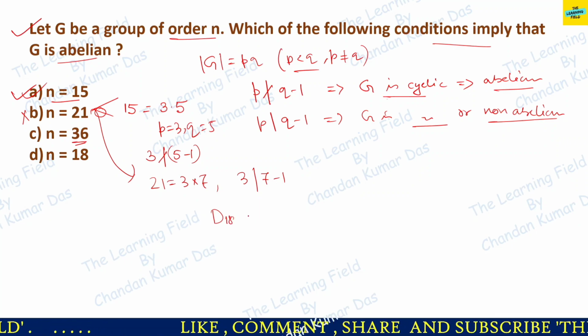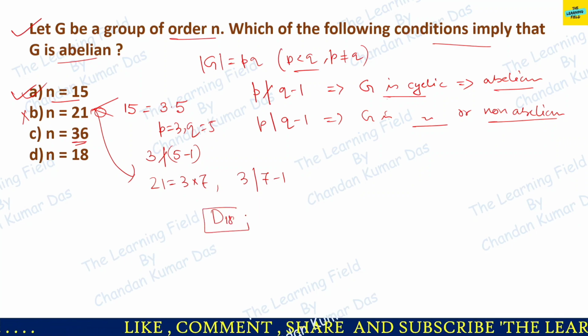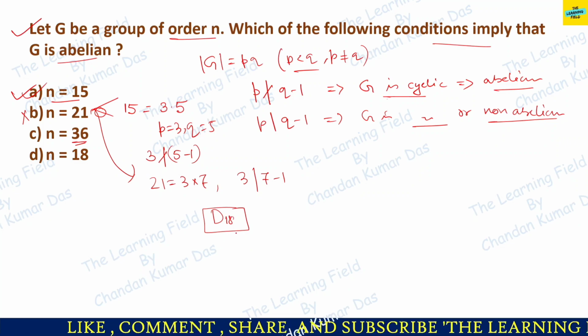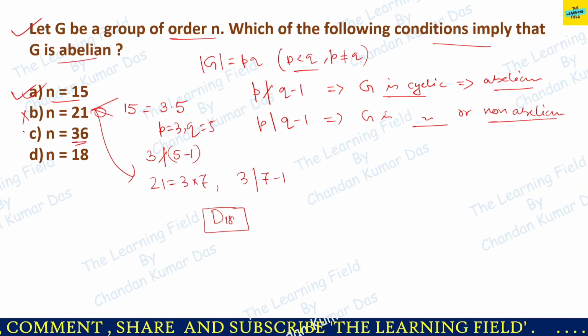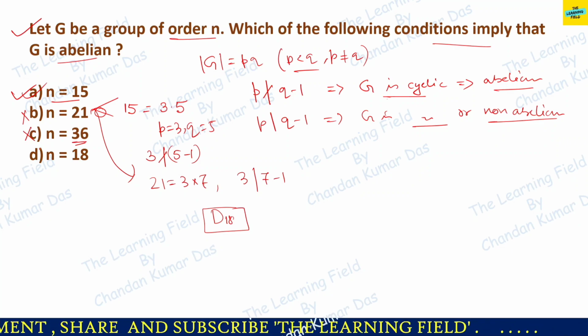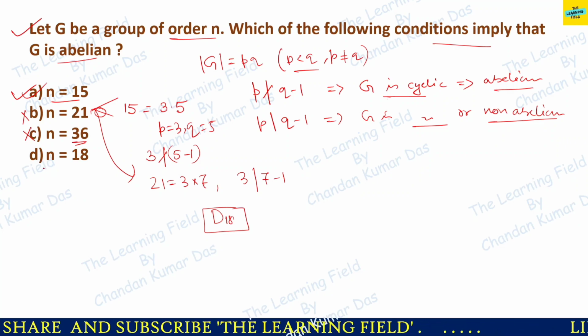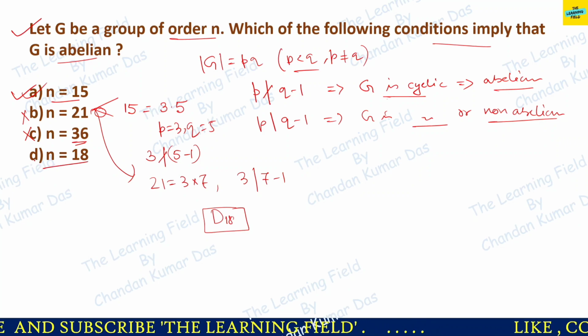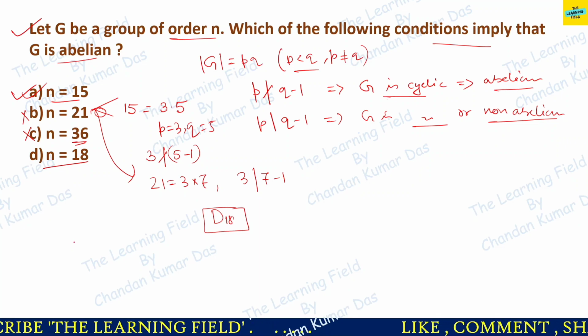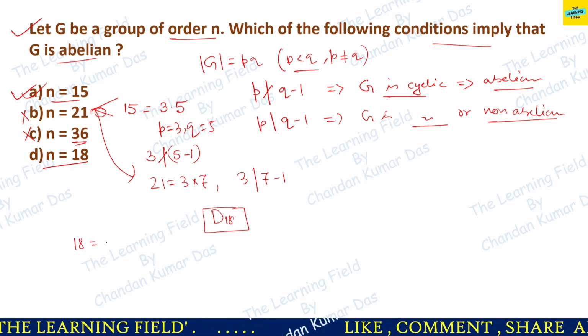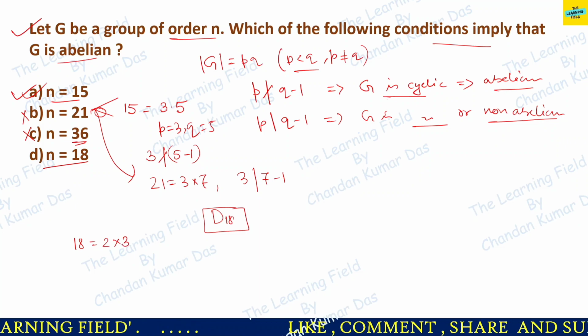We know that D18 is a group of order 36, and it is clearly not abelian. So there exists a group of order 36 which is not abelian, so this is not correct. Now this one is n equal to 18, why can it not be abelian? Have a look once. 18 equals 2 into 3 square.